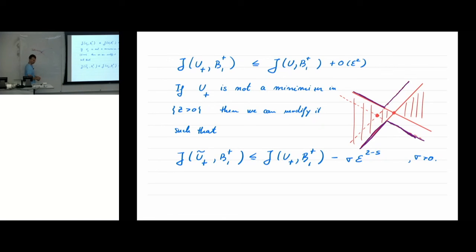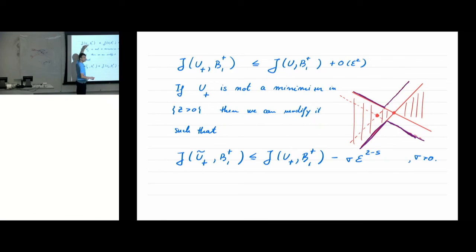And then if I cut a small ball of radius epsilon around such a point, and I replace with the actual minimizer, I would gain epsilon to the power n minus s. It depends.